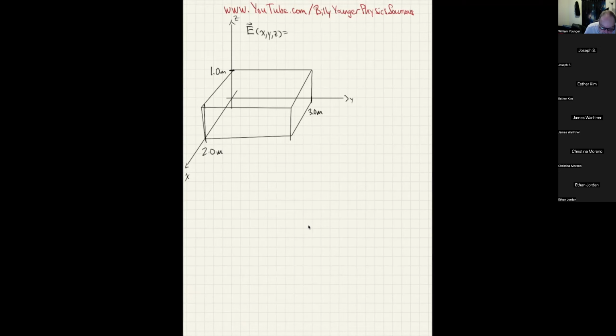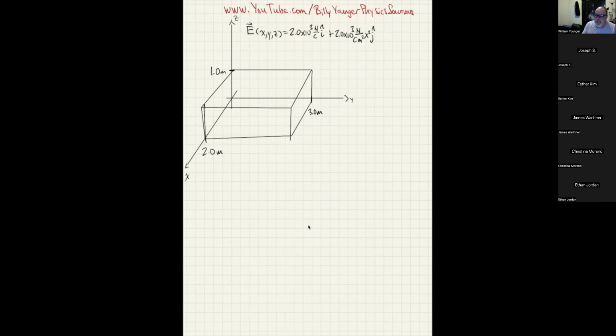And then I'm going to say it's actually 2.0 times 10 to the third newtons per coulomb i hat plus 2.0 times 10 to the third newtons per coulomb meter squared x squared j hat.